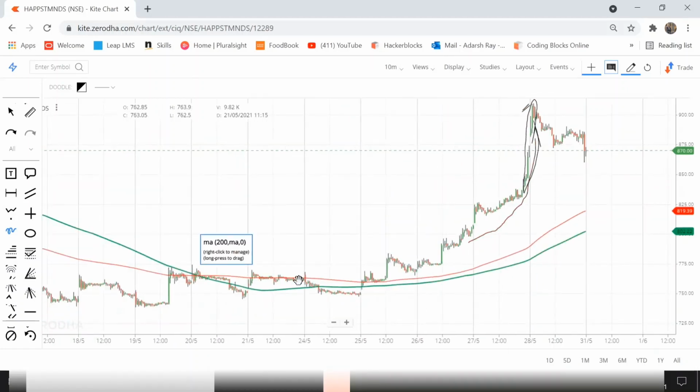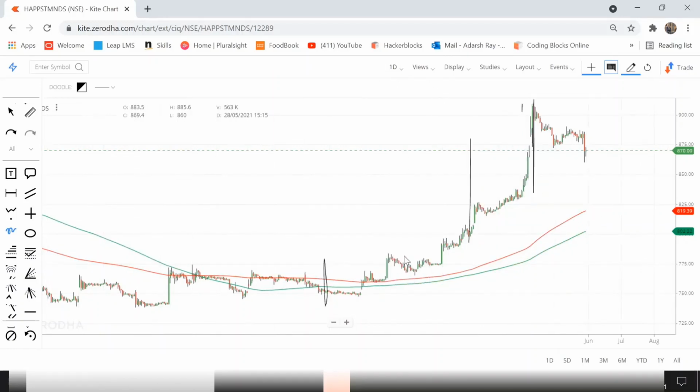Here it was in a consolidation, in a struggle phase, where they were together at similar levels, and now as soon as the stock has started moving upwards, the gap is also increasing, right? So we can see the same.